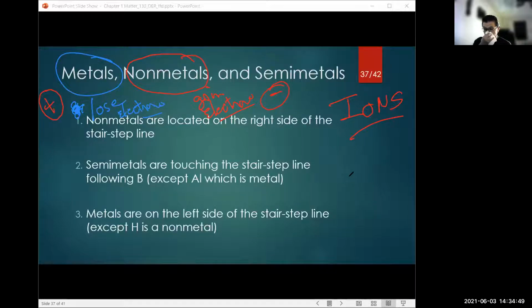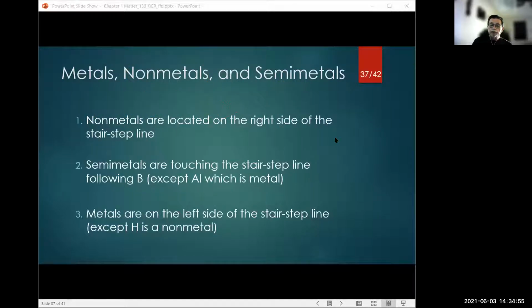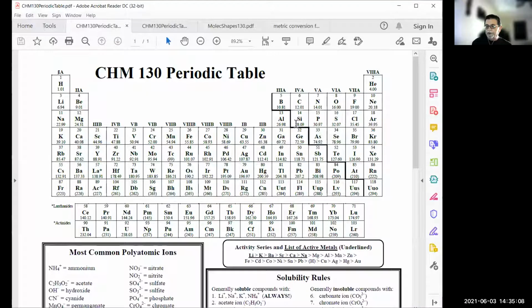Okay. All right, let me clean this up. So non-metals are located to the right of the stair-step line. Now, what are we talking about, stair-step line? If you have your periodic table out, you see here that stair-step. The metalloids are on the stair-step.